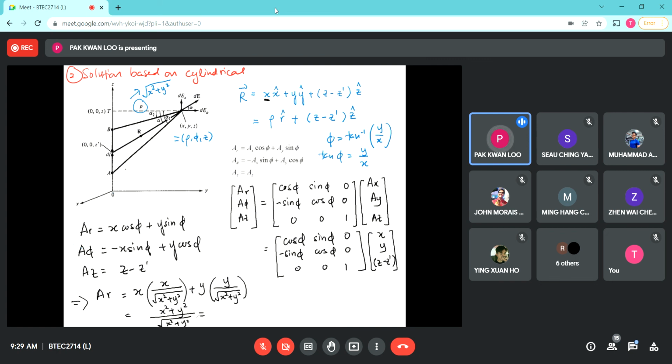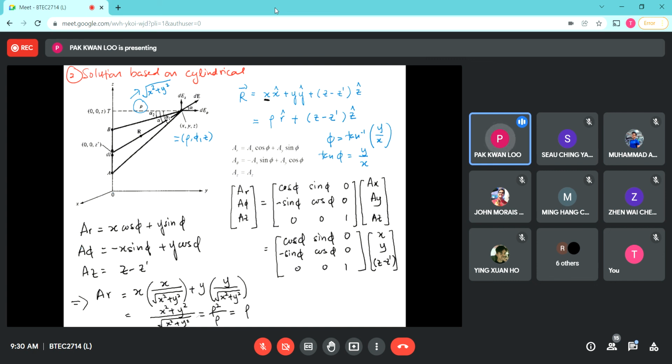From the definition, square root of x squared plus y squared is rho. So the numerator is rho squared divided by rho, which equals rho. So a of r, our radial component for the cylindrical coordinate system, is rho now.